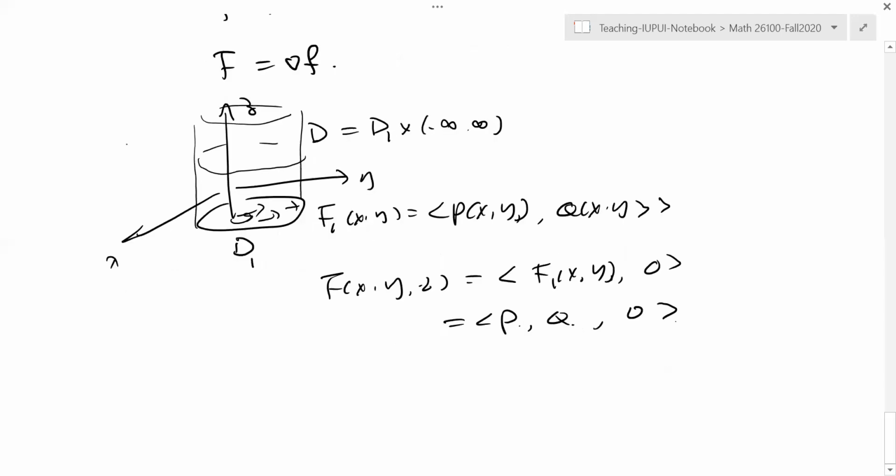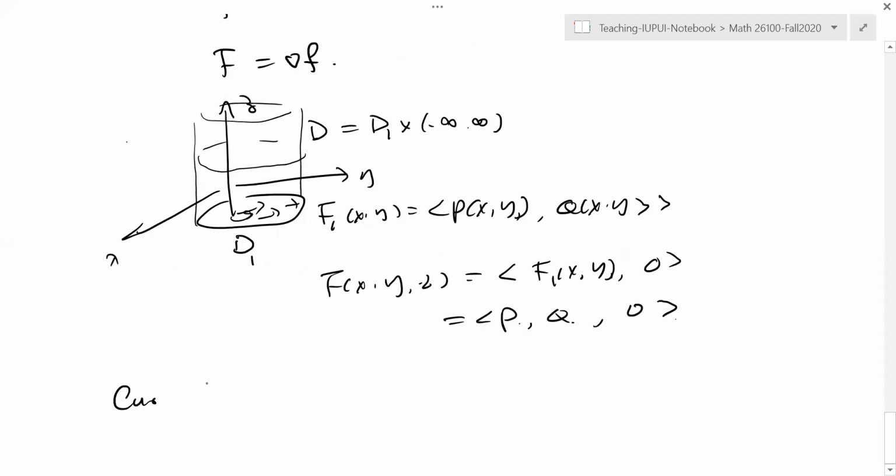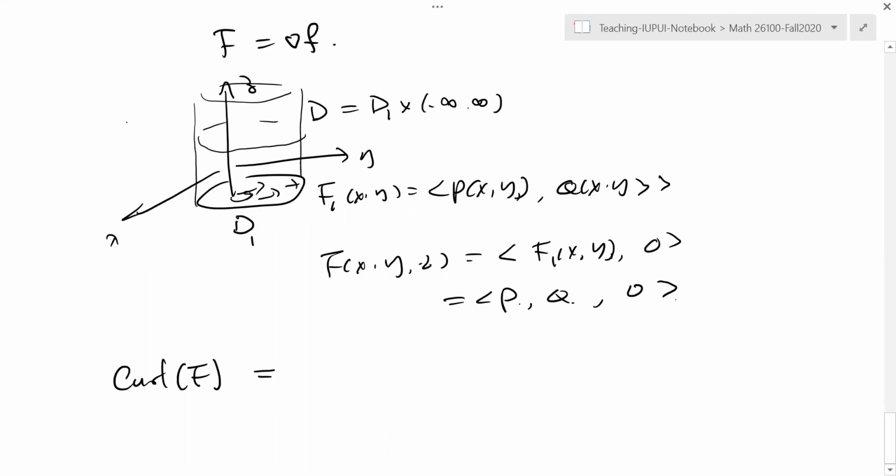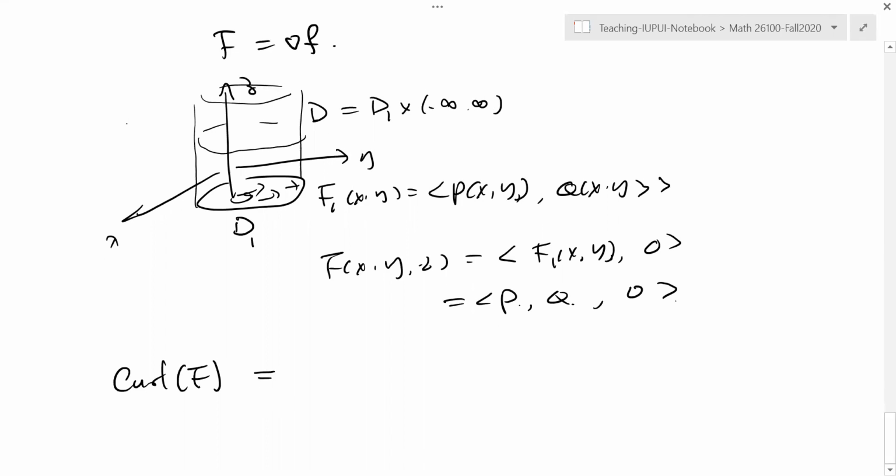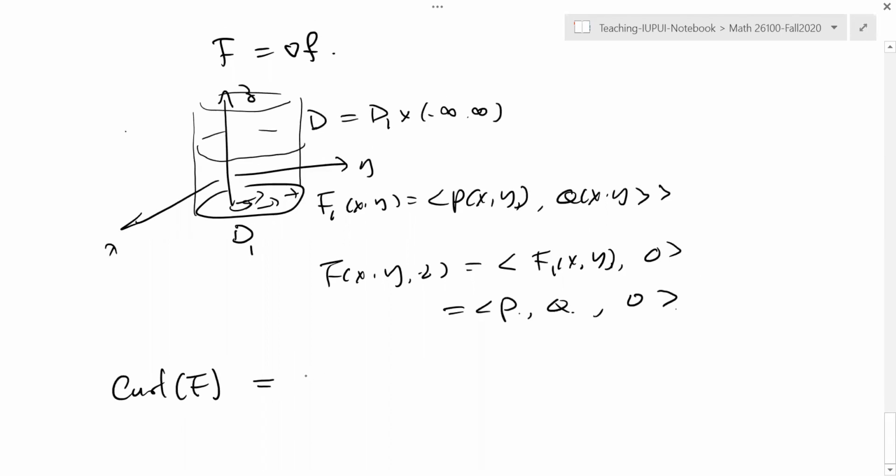All right. So let's look at what the curl means. The curl of this vector in three-dimensional space is nothing but 0i plus 0j plus (Qx minus Py)k.